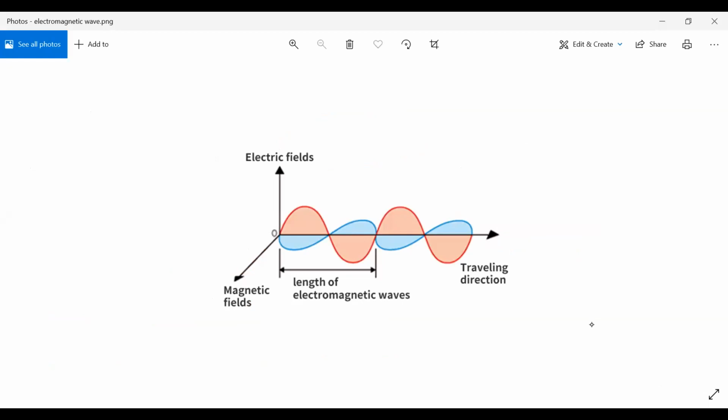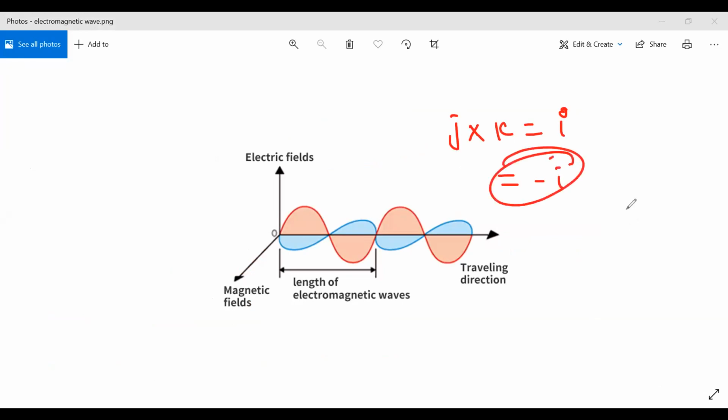So we get the answer as minus I cap. Nice.